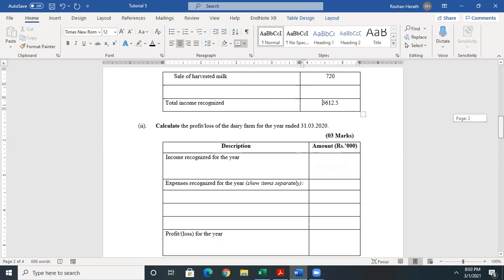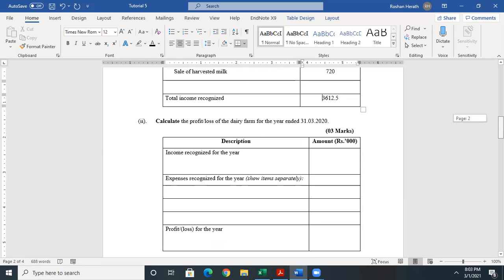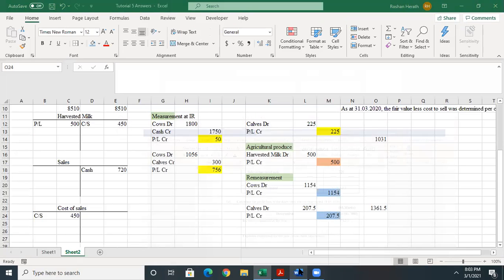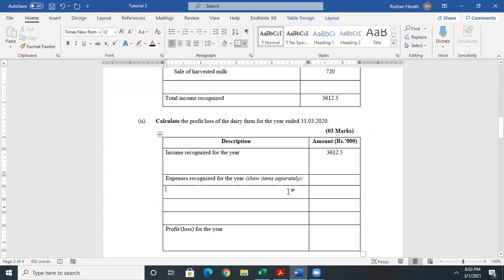Okay. Calculate the profit or loss of the dairy farm, the next one. Now you have the income that is recognized, 3612.5. You take that. Then the expenses. Most importantly, you have the cost of sales.